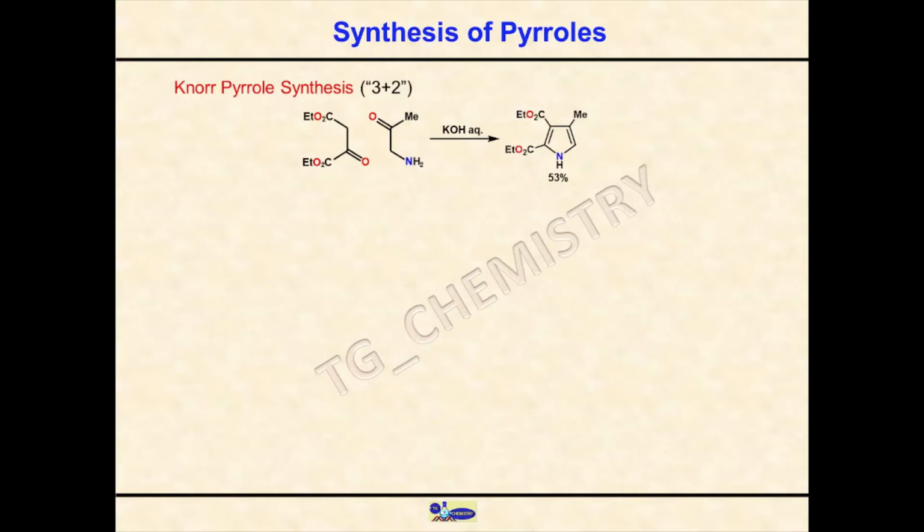Another process of synthesizing pyrroles involves the Knorr pyrrole synthesis, which is a 3+2 strategy where a diethyl succinate compound and an alpha aminocarbonyl compound will react in presence of hydroxide base to produce the pyrrole derivatives.